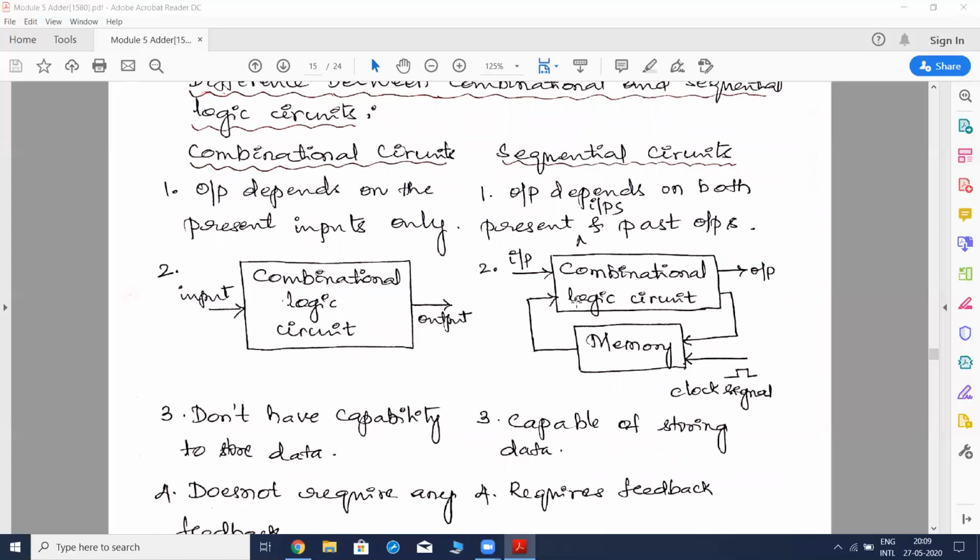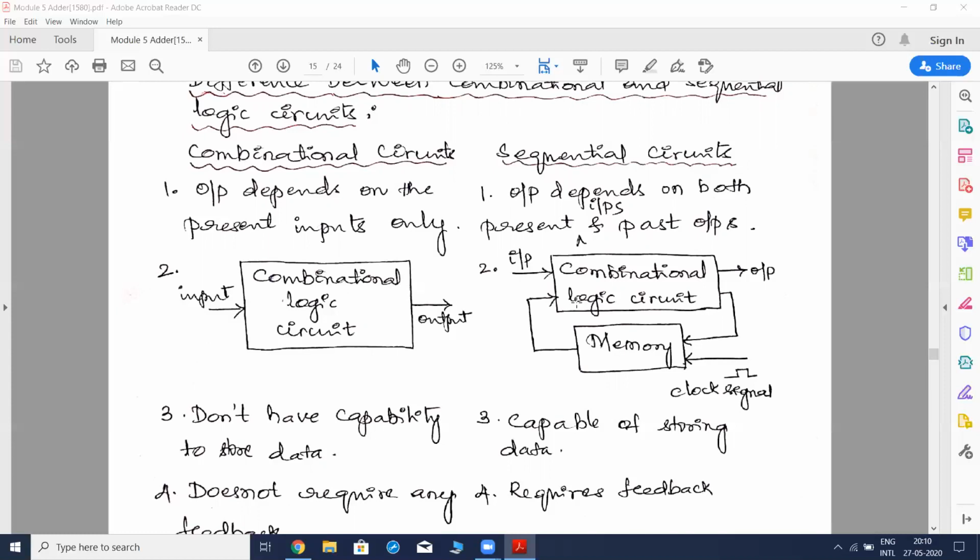The first difference is that the output in a combinational circuit depends only on the present inputs. But in a sequential circuit, the output depends on two parameters: one is the present inputs, the other is past outputs. That's the main difference between combinational and sequential circuits.